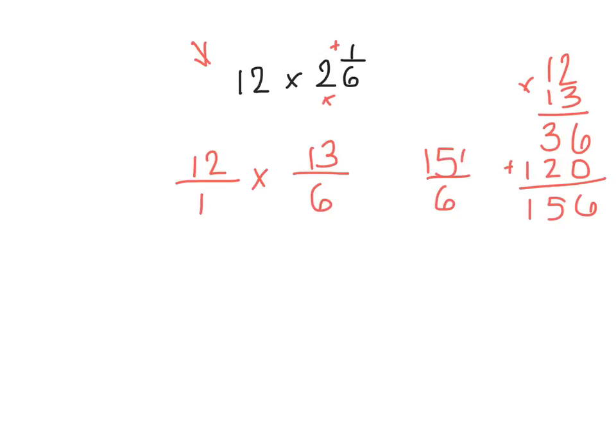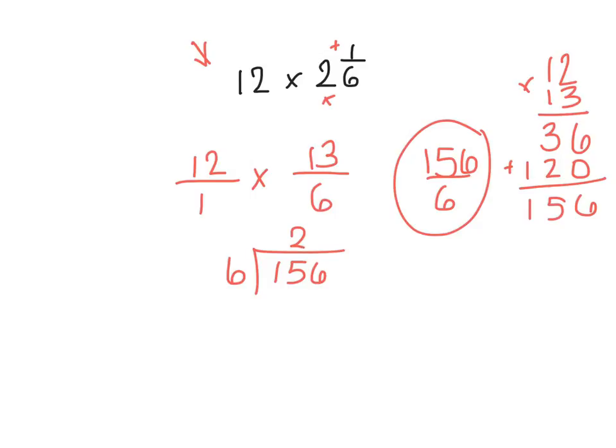Now this is indeed a fraction greater than 1. I cannot leave it like that. I am going to divide 156 by 6. 6 goes into 1, not at all. 6 goes into 15, 2 times. 6 times 2 is 12.